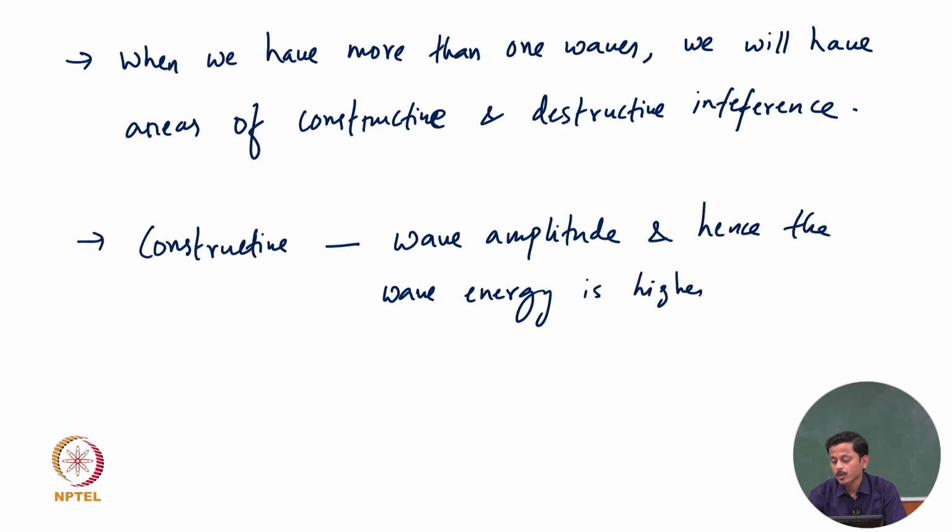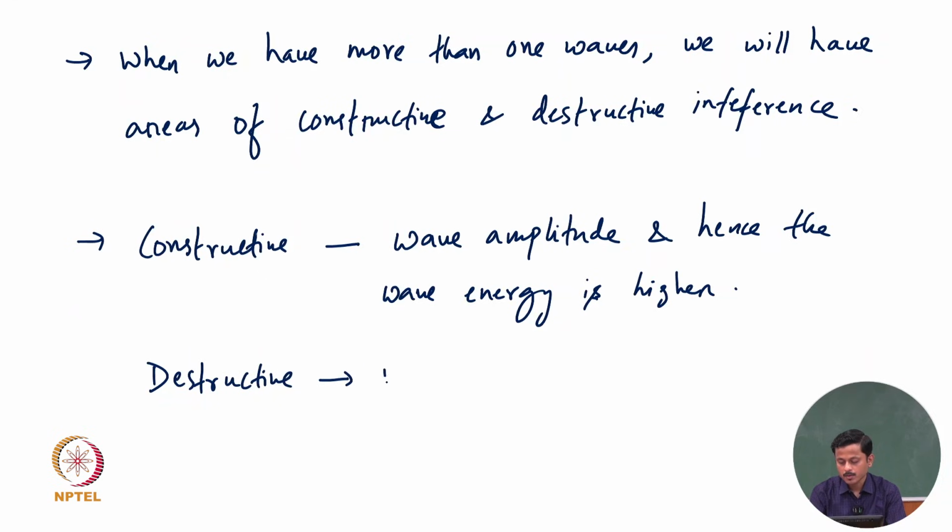Remember, this is a propagating wave, and it can have constructive and destructive interference at different locations. So during constructive interference, the wave energy is higher, and during destructive interference, wave amplitude is lower, and hence the energy is lower.